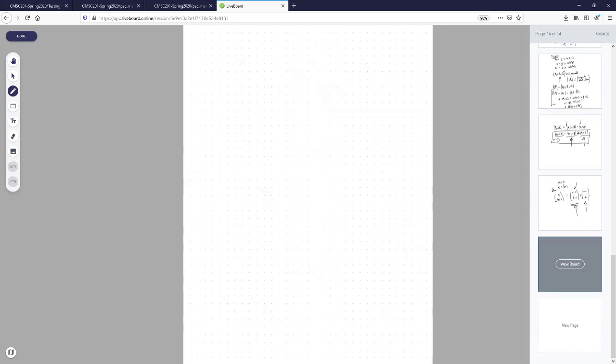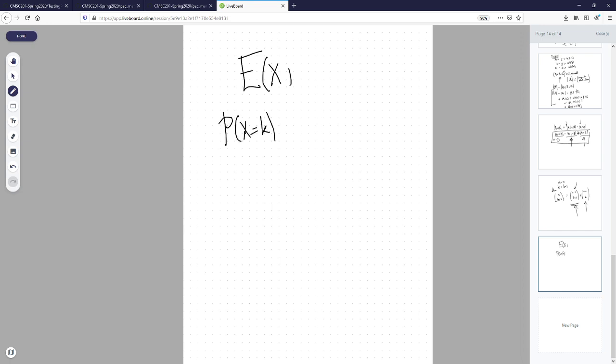So remember what the expected value is, right? First we're going to remember the probability that x equals k for the binomial distribution. The definition of this is n choose k, p to the k, 1 minus p to the n minus k.